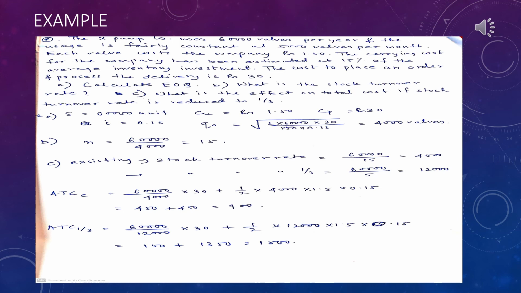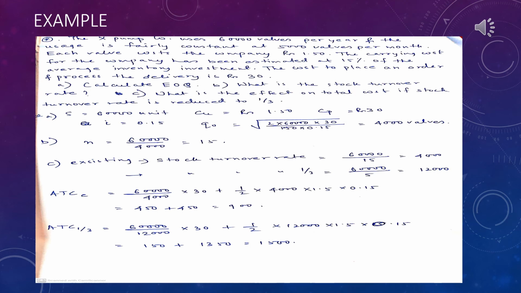From the above figures, we have to find out the EOQ, the stock turnover rate, and most importantly, the effect on the total cost if the stock turnover rate is reduced to 1/3. So this is another new kind of sum that we will be discussing.